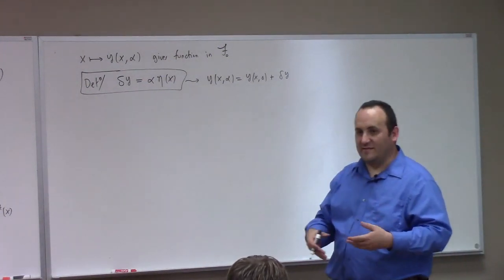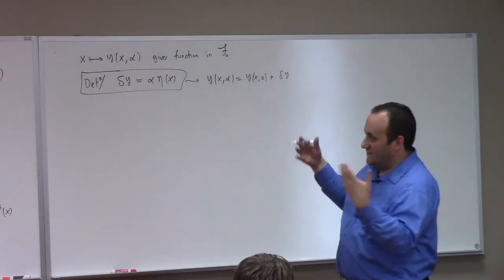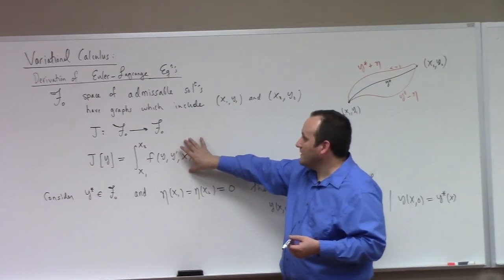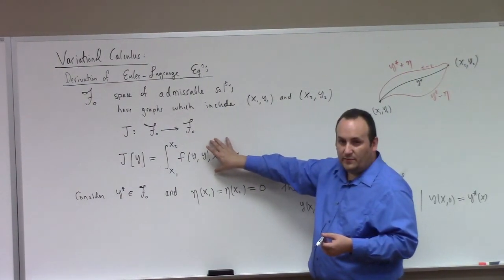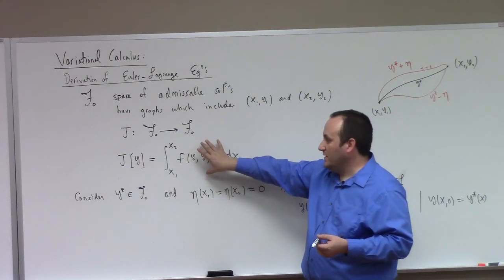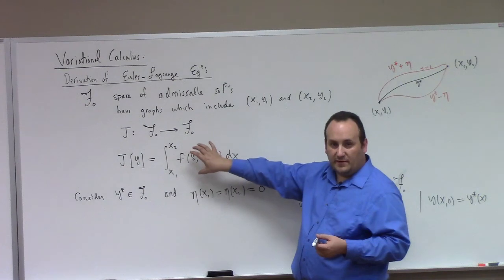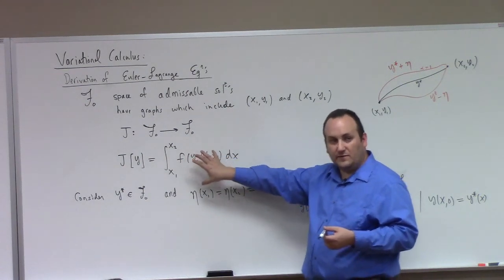Same thing here. Suppose that this Lagrangian, this functional, what we want to do is suppose there exists an extreme value, an extreme path for this functional.